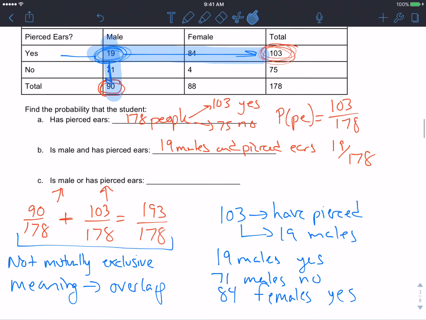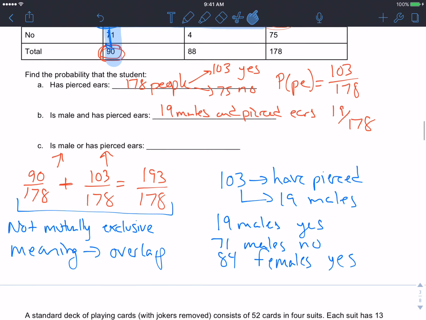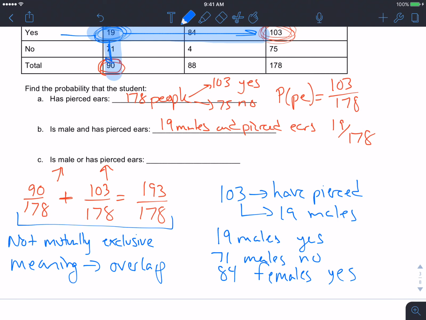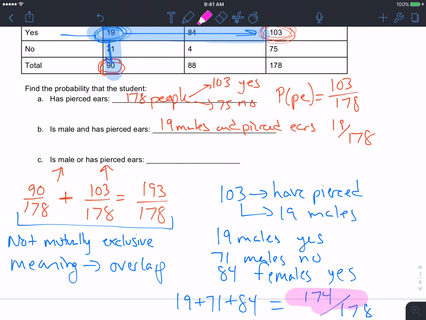Because we have to have pierced ears here, so we are just concerned with the yes and we're just concerned with the male column. We just can't double count. So the probability of this is 19 plus 71 plus 84, and that gives you 174, and there's a total of 178. And this makes sense because for male or pierced ear, there's only 4 females who do not have pierced ears.